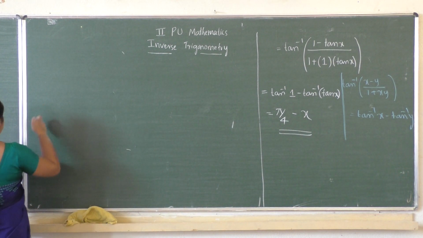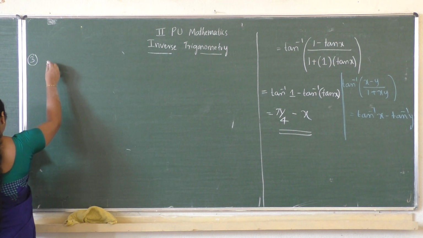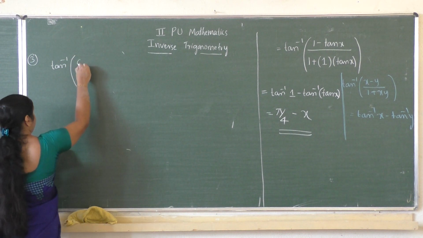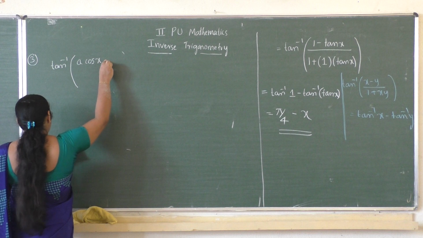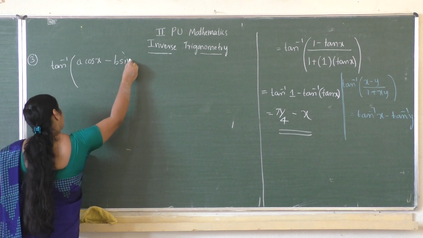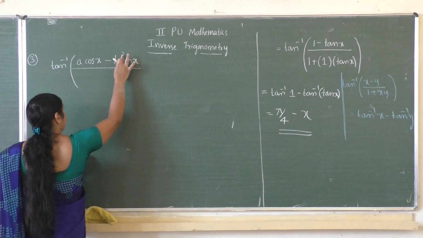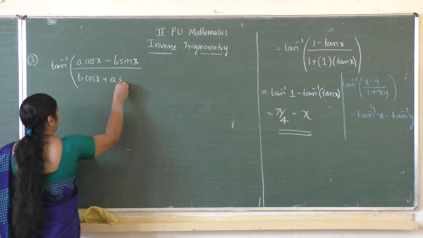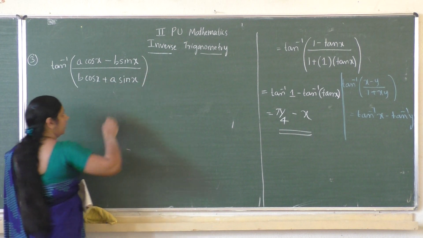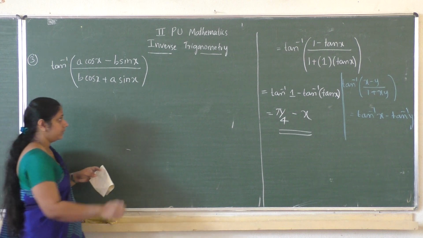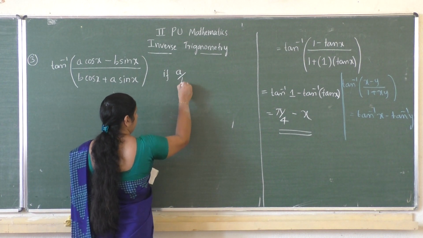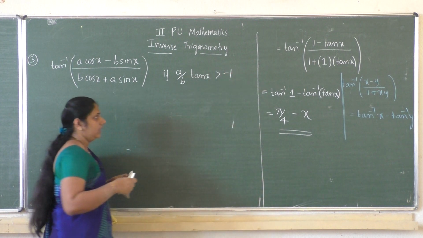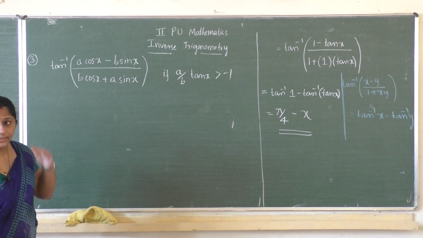Question number 3. Tan inverse of (a cos x minus b sin x) divided by (b cos x plus a sin x), if a by b tan x is greater than minus 1.